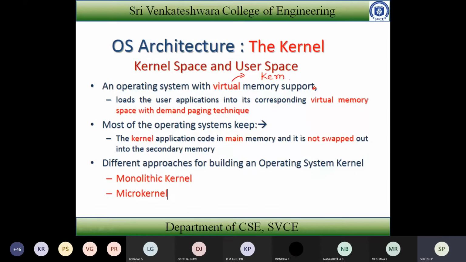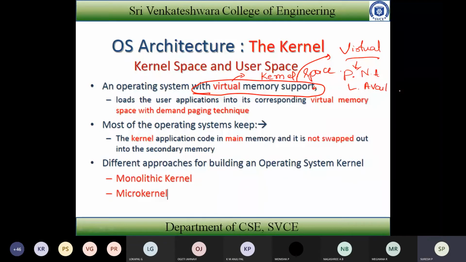So it is going to have the memory, and that particular memory is virtual. Virtual means physically it is not there, but logically it will be available. That is how your virtual memory support is going to take place.